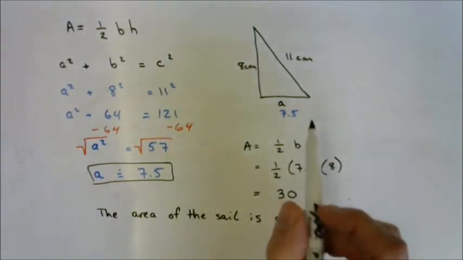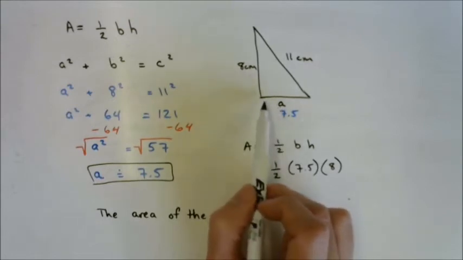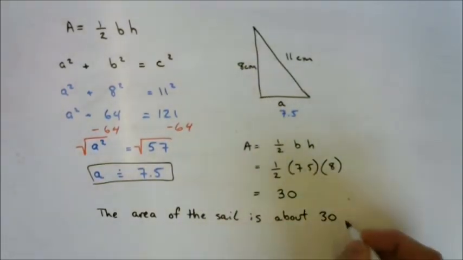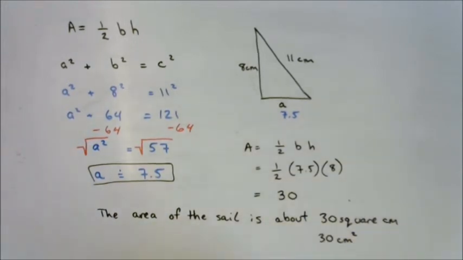And what is it measured in? Centimeters. If my side lengths are measured in centimeters, but now I'm dealing with area, it's square centimeters, or you can write it as 30 centimeters squared. Okay? Either of those is good.